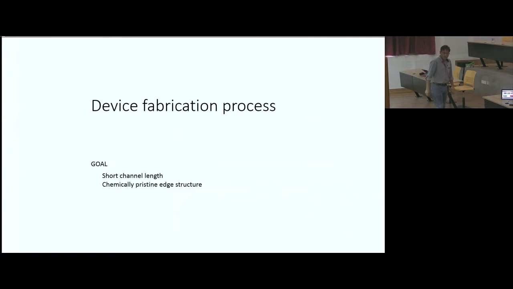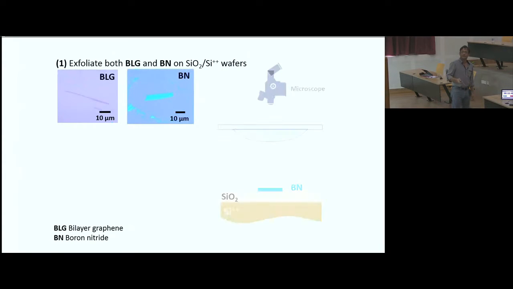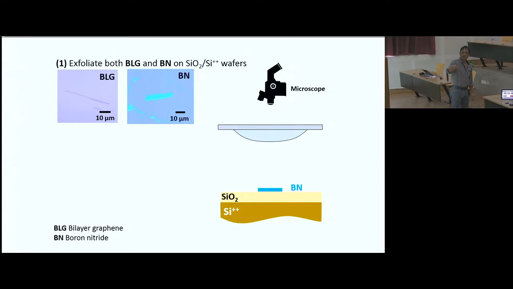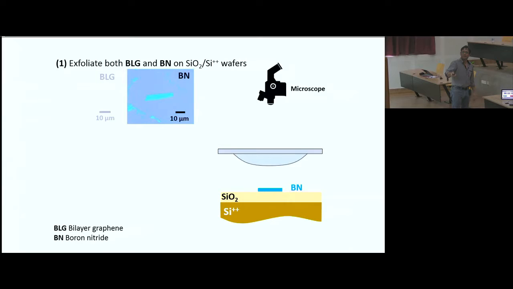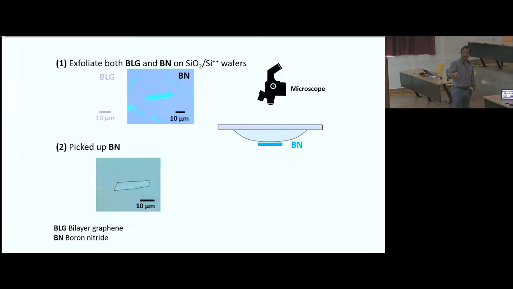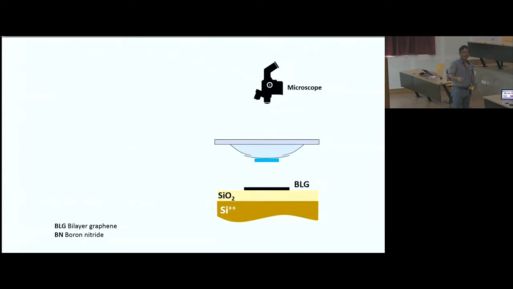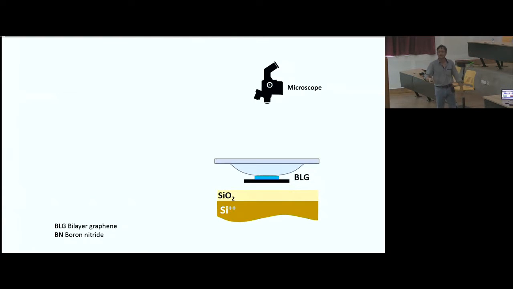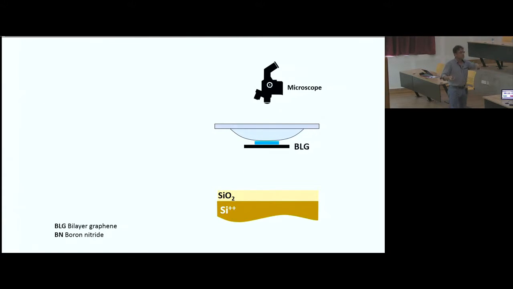So I'm going to give you a very short tour of how we make these devices. First we take a boron nitride strip, which is an insulator, a single crystal, and then we pick this up using a polymer. Then we take a bilayer graphene, which is exfoliated separately, and we pick that up using the boron nitride.